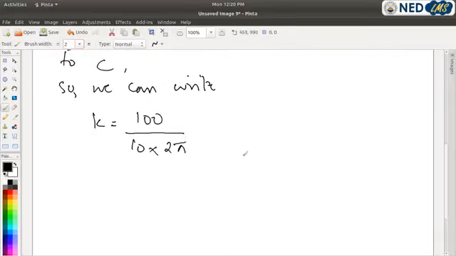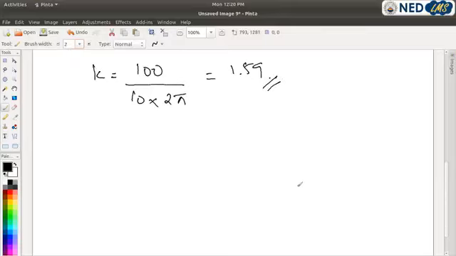Converting it into radians by multiplying with 2 pi, we will get the answer. So the constant factor with which the input is multiplied is 1.59.